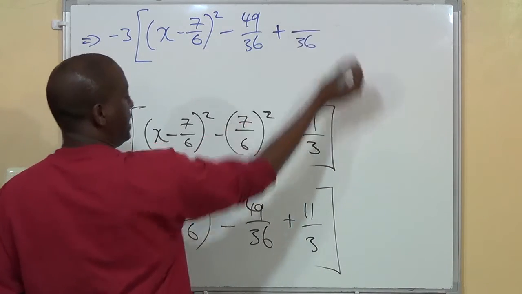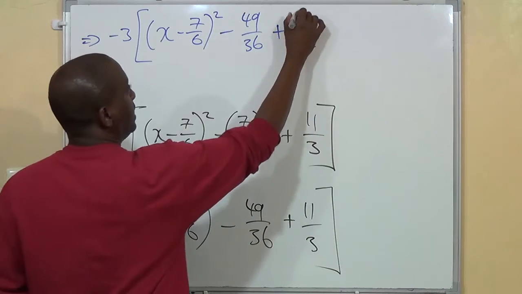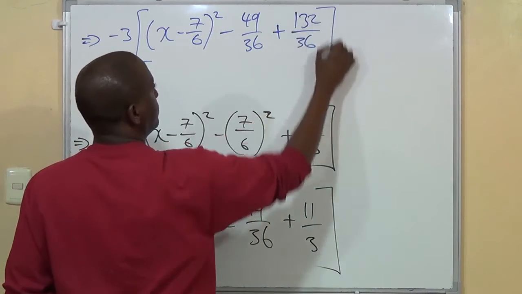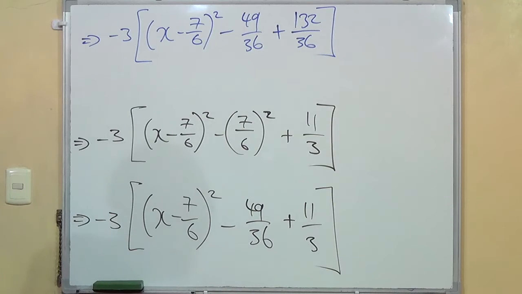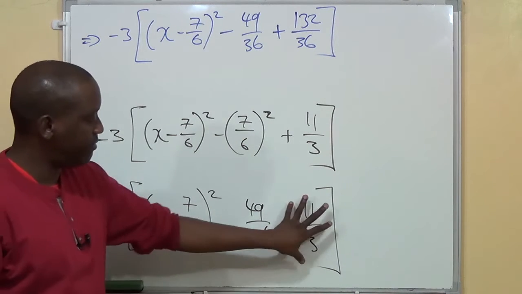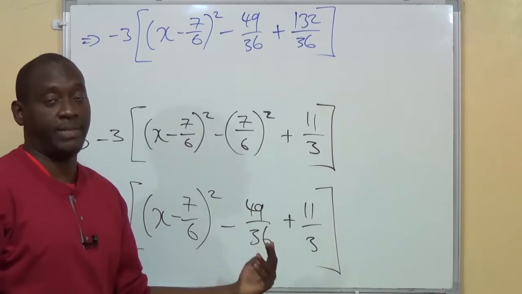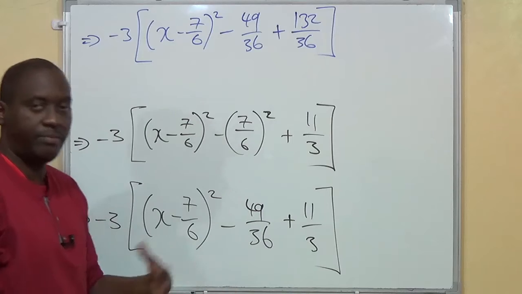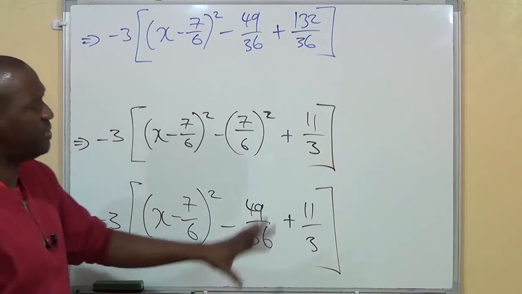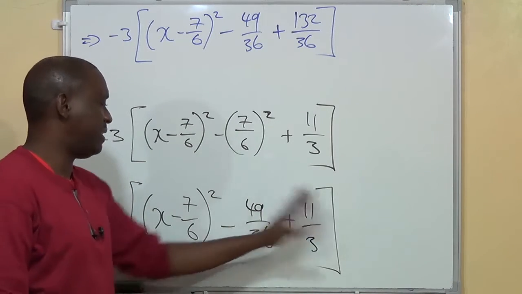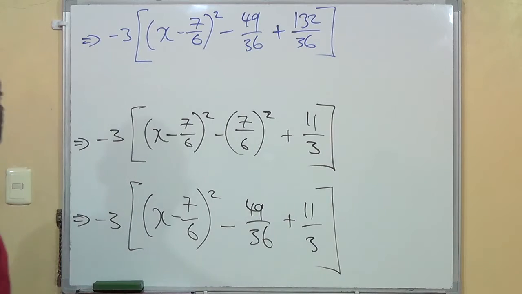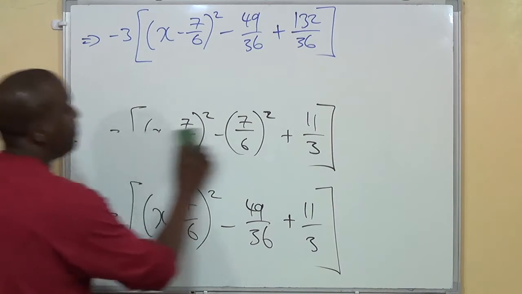So we must multiply the 11 by 12 to get the top here. 11 by 12 is 132. Alright? So this is what we have now, where we take the 11 over 3 and we express it as a fraction with a denominator of 36. Right? It makes the arithmetic a lot simpler if you do that, as opposed to all the other options for adding fractions together.